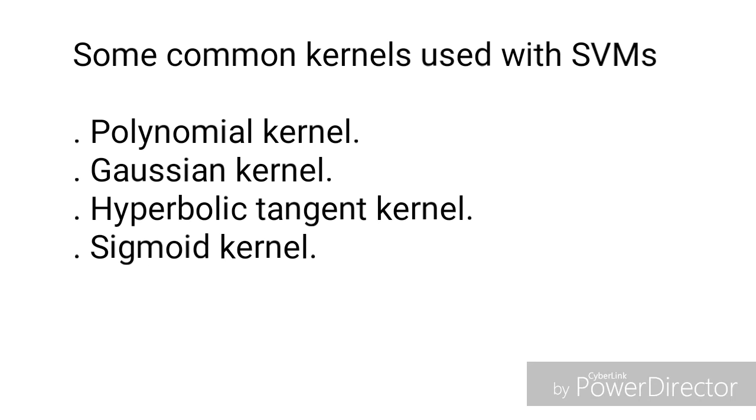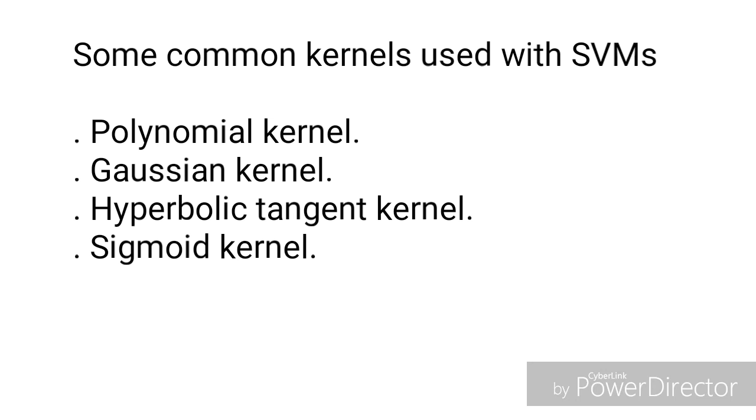These kernels depend on the data we have, so that the data points which are not separable in the current space can be transformed into a higher dimensional space using one of these kernels, so that we can separate these data points into categories by using some classifier.